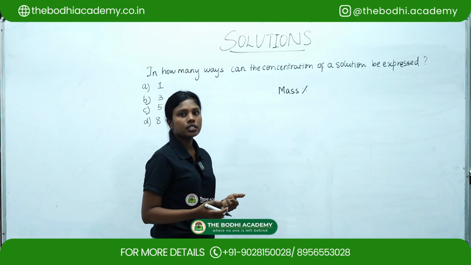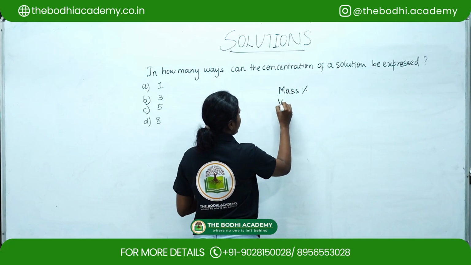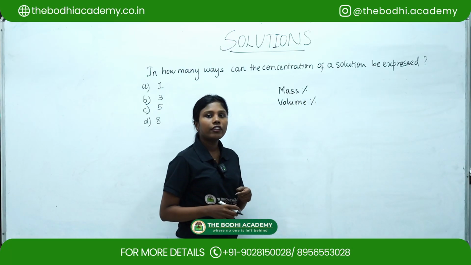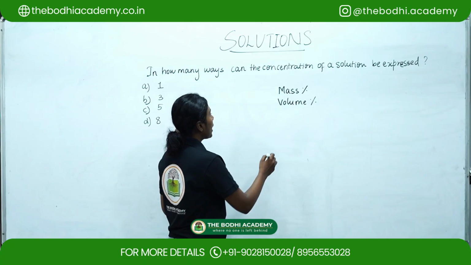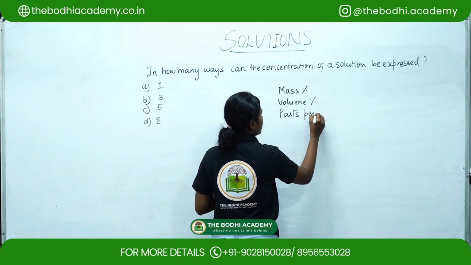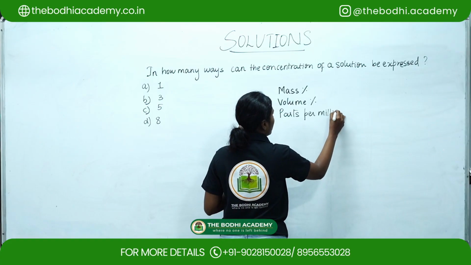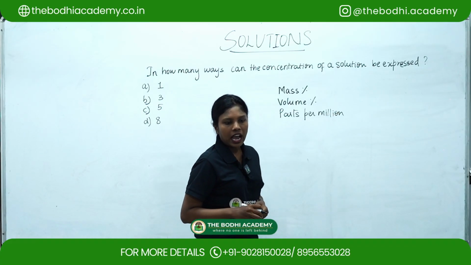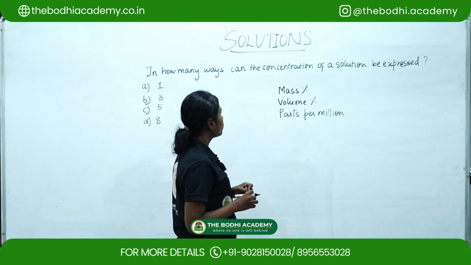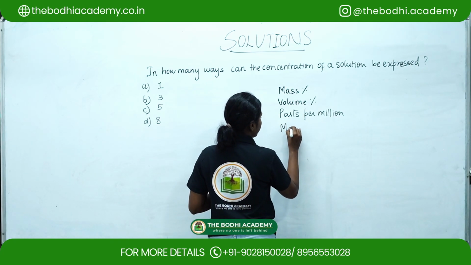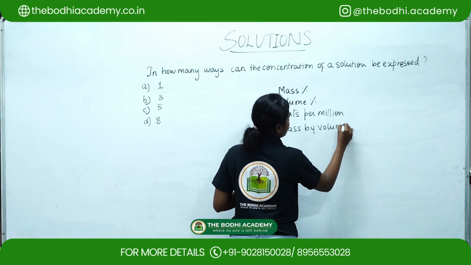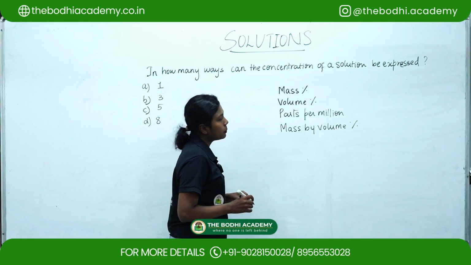Then opposite of mass is with regards to your volume. So we have volume percentage. Then we can even define it by parts per million, that is ppm, parts per million. Okay, after this we can even give it by mass by volume percentage.